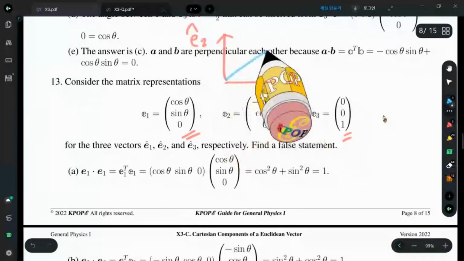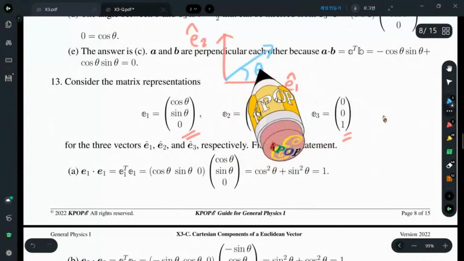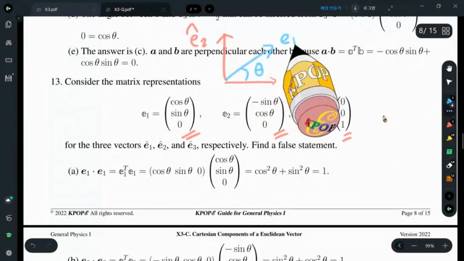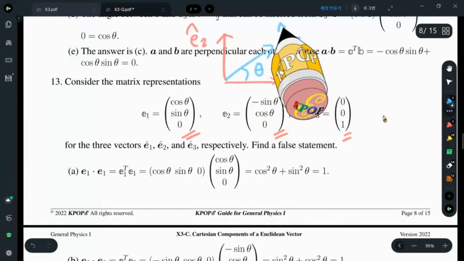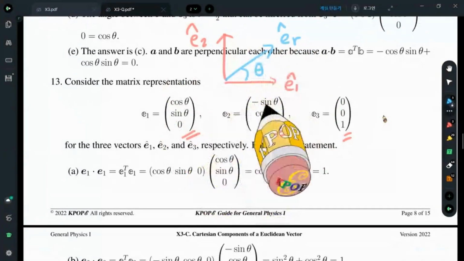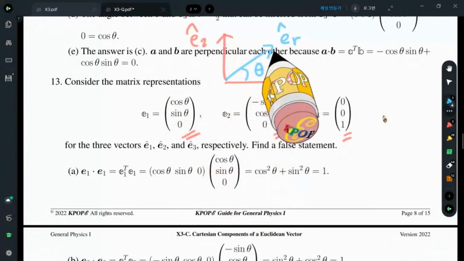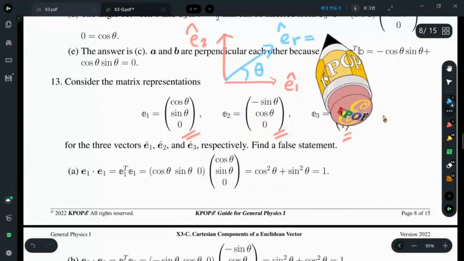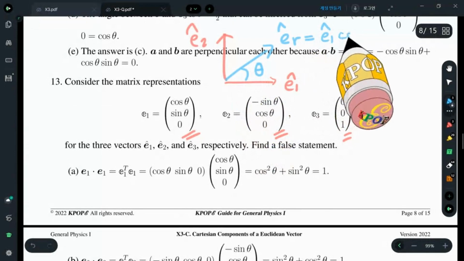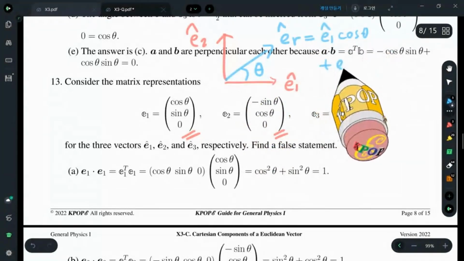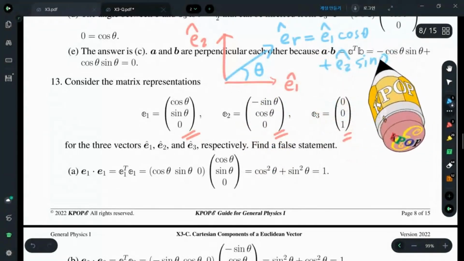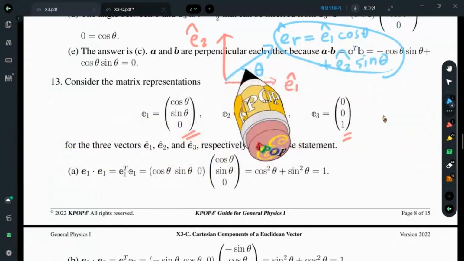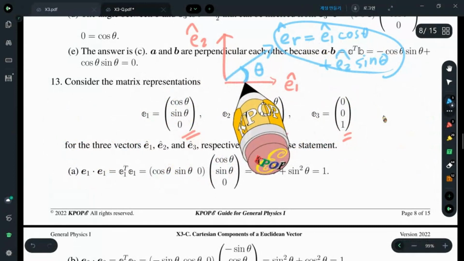And we have another unit vector that makes an angle theta with E1 hat, so E R hat is a radial vector in the polar coordinate system. This one is E1 hat cosine plus E2 hat sine. You can do this because this is angle theta.